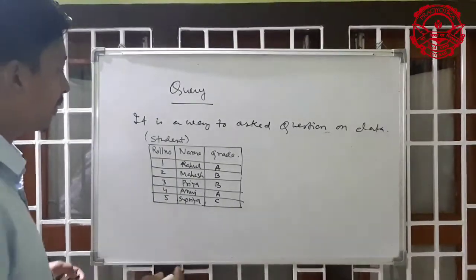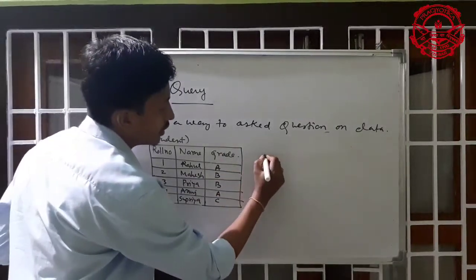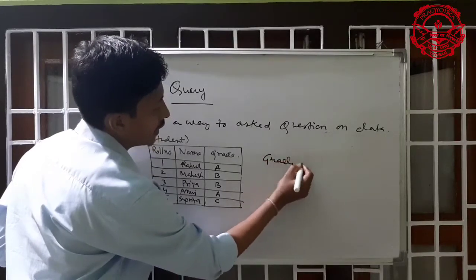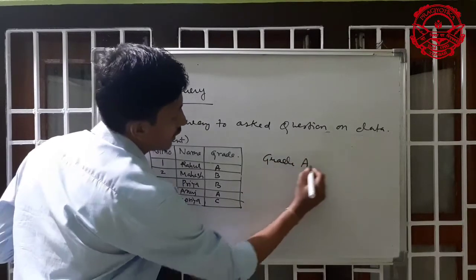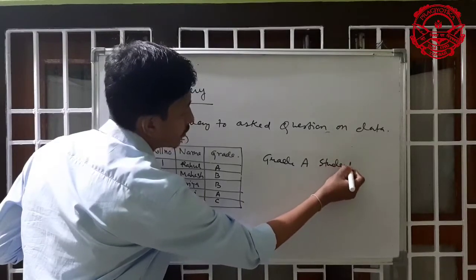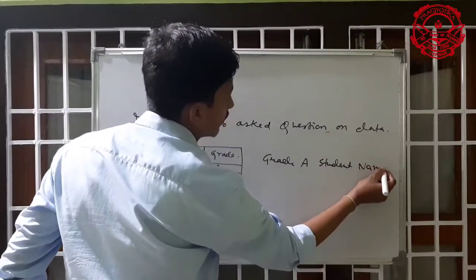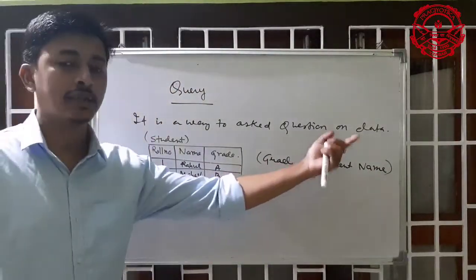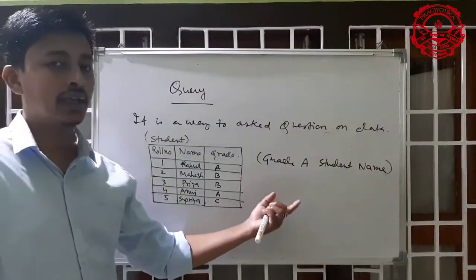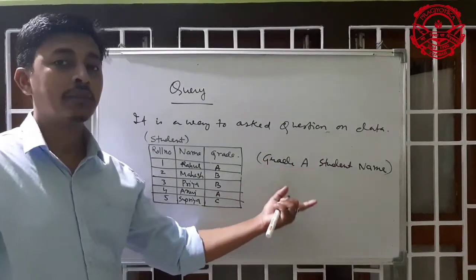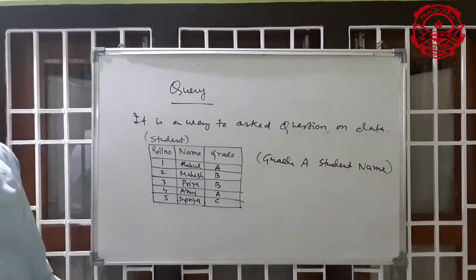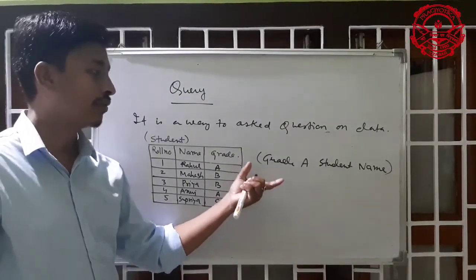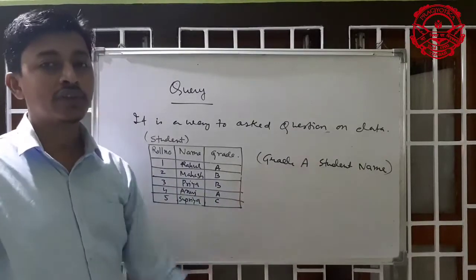For example, I want the names of the grade A students, who got the grade A. So you can create a query in this way, or you can create a query for this type of question.